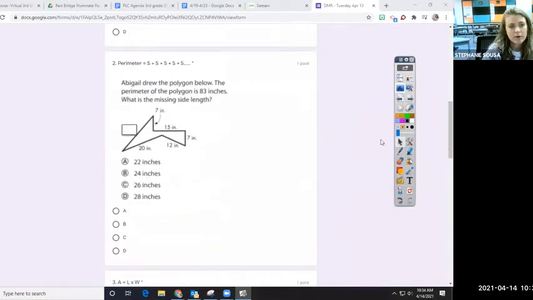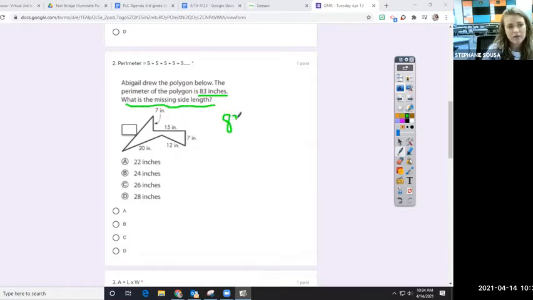Number 2, perimeter is equal to sides plus sides plus sides plus however many sides the polygon has. Abigail drew this polygon below. That's a funky looking shape. The perimeter of the polygon is 83 inches. What is the missing side length?